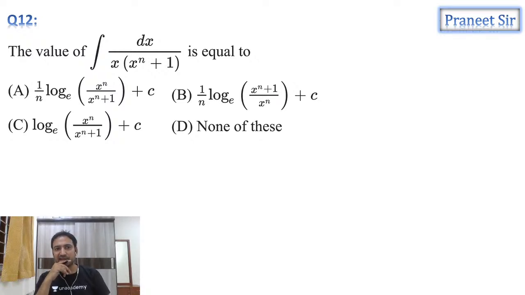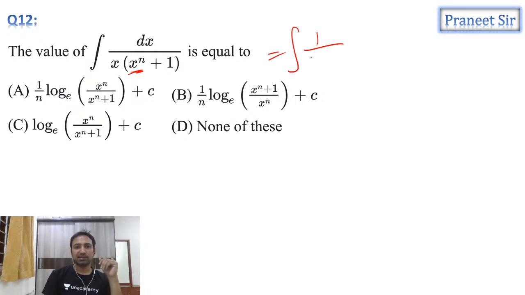So here what we can do is we can bring x power n outside, this highest degree term. What can I write? x power n plus 1 we get here, and here I get 1 plus 1 by x power n, into numerator we get dx.